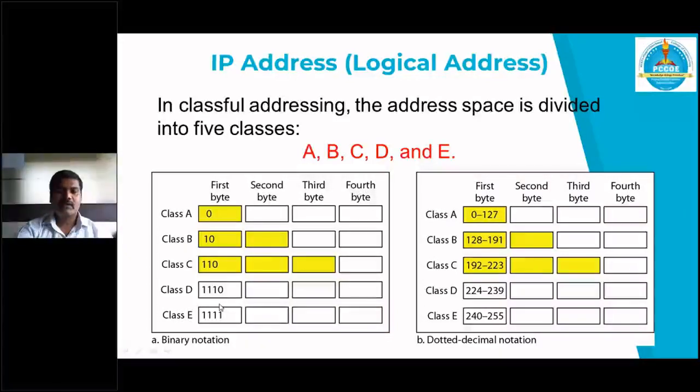So what is meant by multicast? There are 3 different kinds of concept: one is unicasting, second is multicasting, and third is broadcasting. Whenever I say a device is communicating using unicasting, it means there is only a single transmitter and a single receiver. Whenever I say it is multicasting, there is only a single transmitter and a group of receivers.